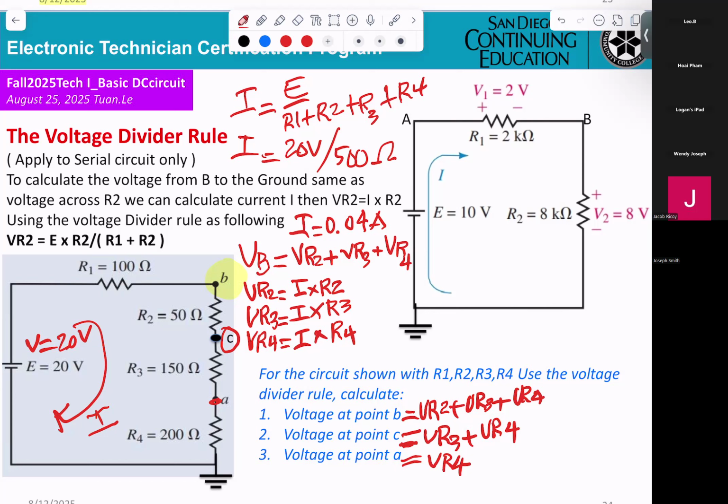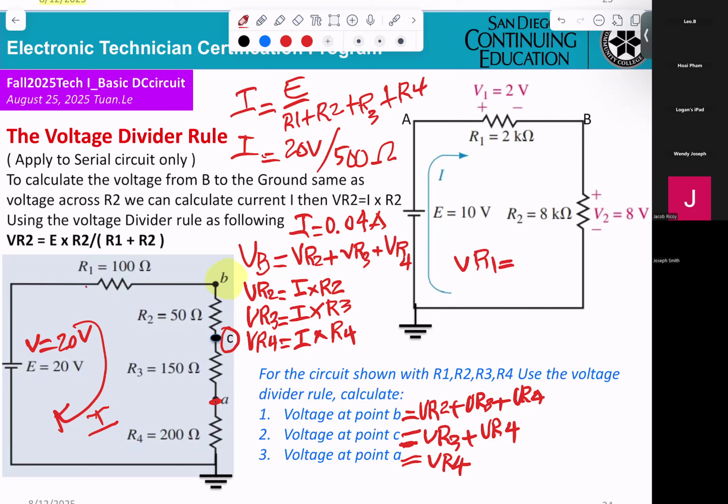Right. When they say they want VB, voltage has to be between two different points. If you say VR1, what does that mean?